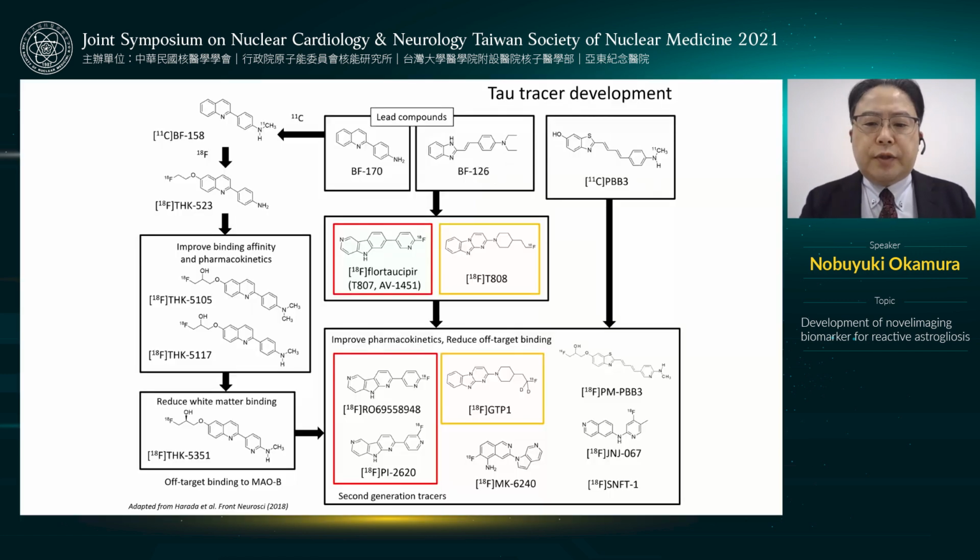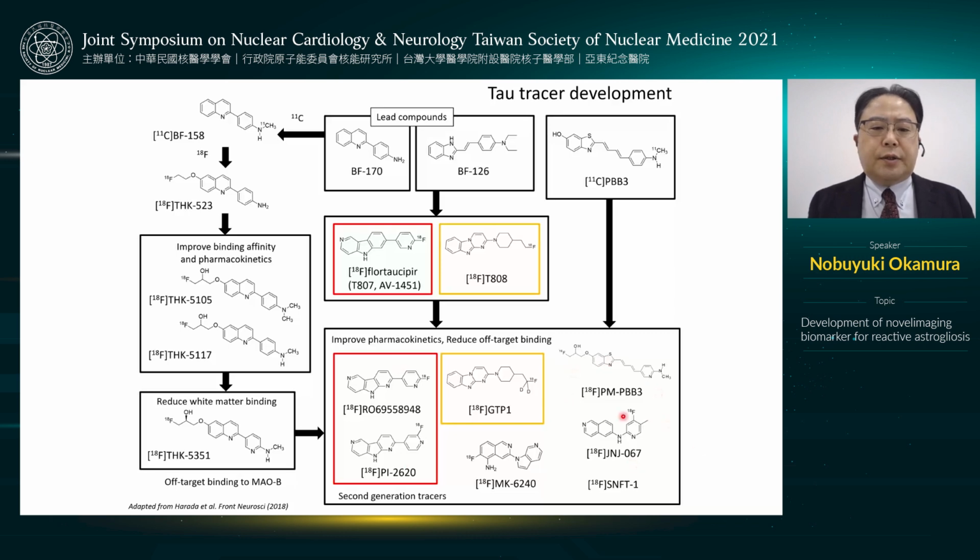The first generation tau tracers have several drawbacks, including off-target binding, slower kinetics, and insufficient binding affinity to tau. Therefore, new generation tau tracers have been developed to improve the binding and the pharmacokinetic properties of radiotracers.